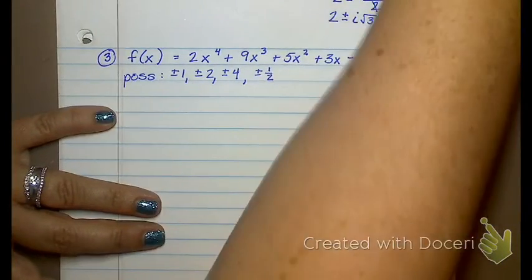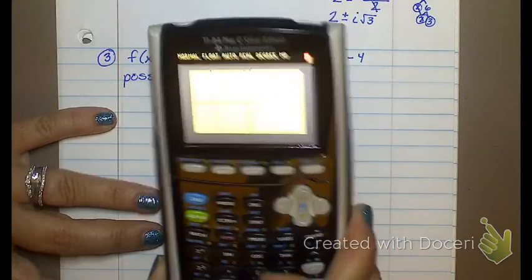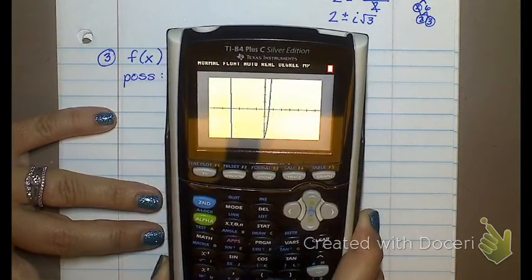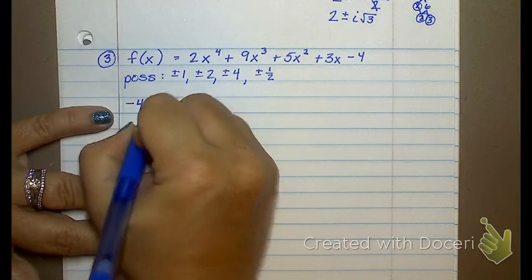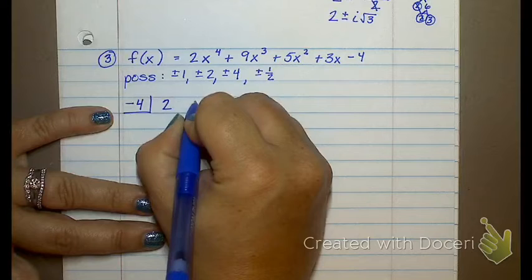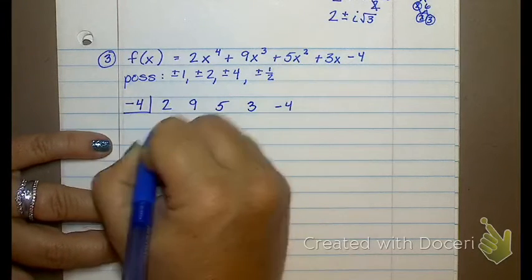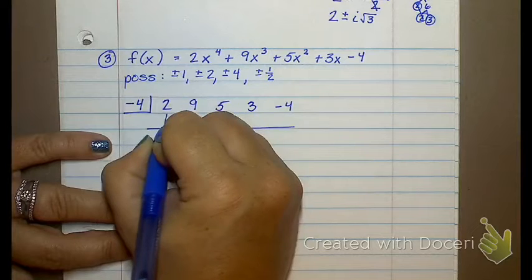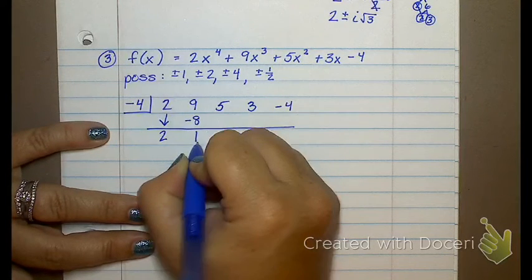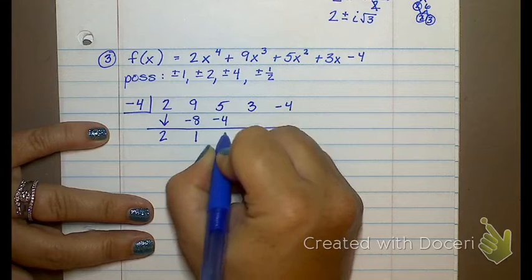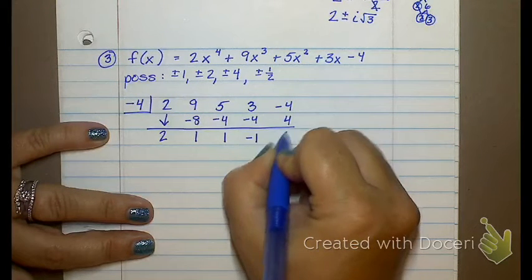Neither of those, by the way, were a bounce, right? Sorry, the glare there is bad. Neither of those were a bounce, so we don't have any of those. So negative 4, I have 2, 9, 5, 3, and negative 4. Bring down my 2, negative 8, 1, negative 4, 1, negative 4, negative 1, positive 4, 0.